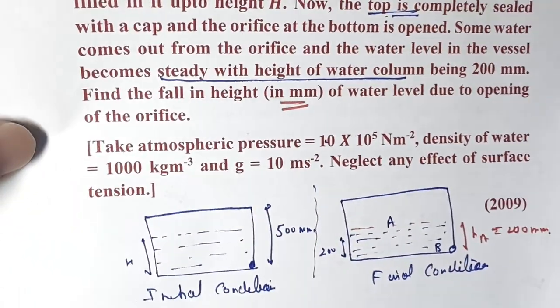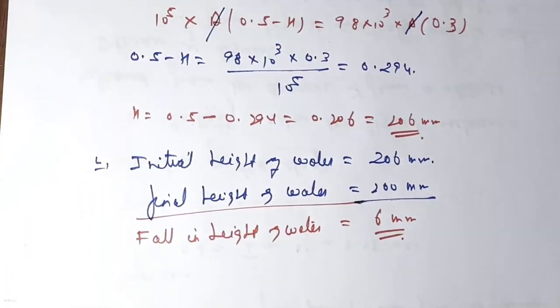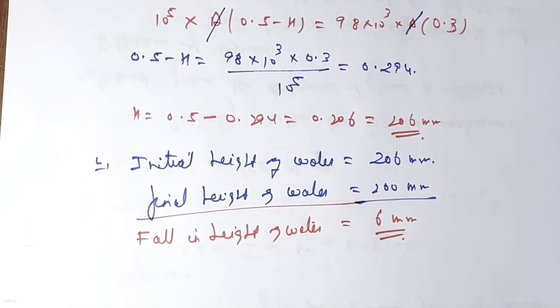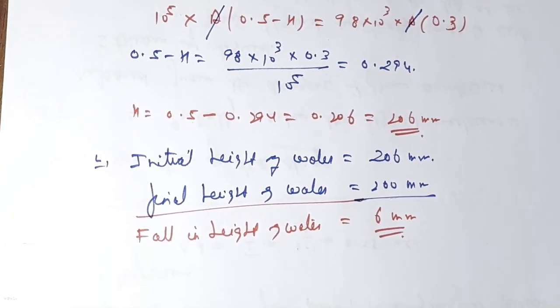So the fall in height is 6 millimeter. This completes the question. Thank you.